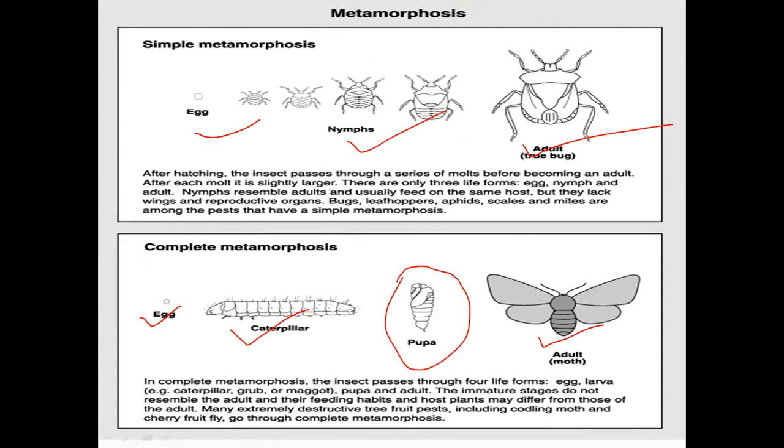After hatching, the insect passes through various molts before becoming an adult. Here also there are various molts, from egg, larva, pupa, and adult, with molting in between. This is a very simple way to differentiate between the two.